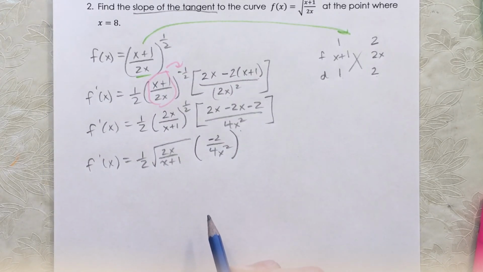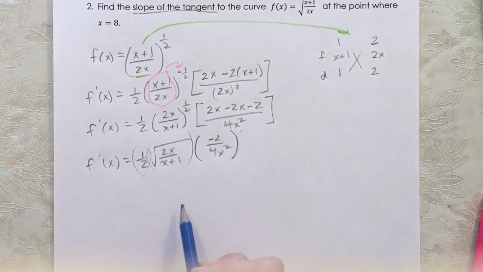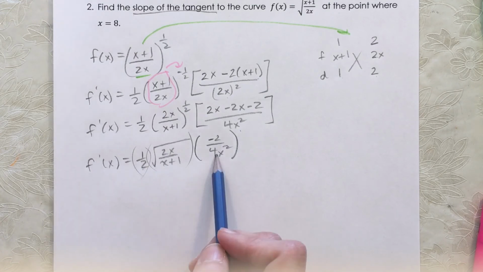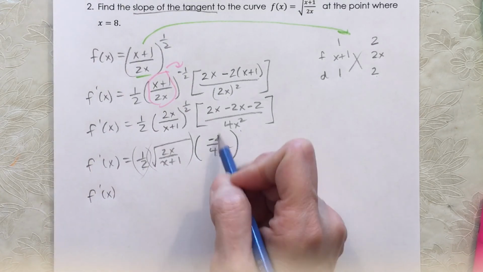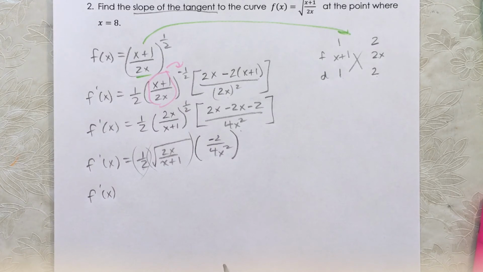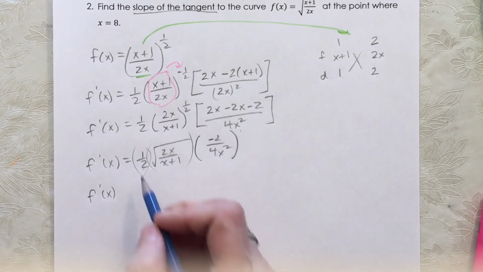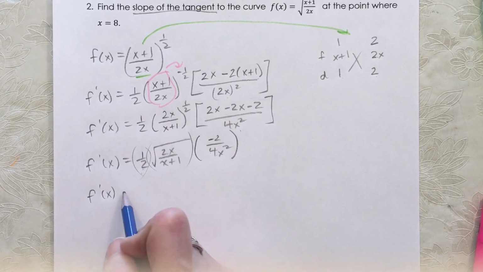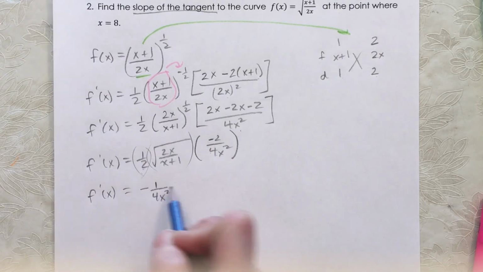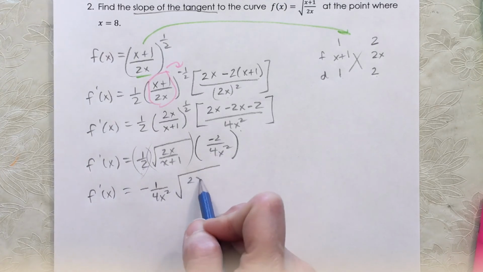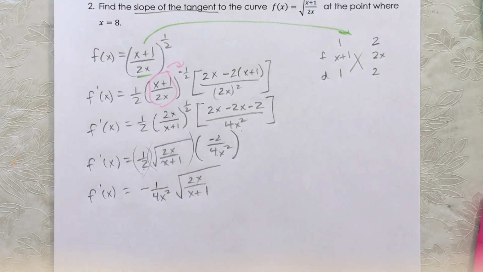And so this is like three things all multiplying together. So it doesn't matter what order you multiply them in. So a half times negative a half, if you want to think about negative 2 over 4 reducing to negative a half, times negative a half is negative a quarter, but I still have that x squared in the bottom, times the square root of 2x over x plus 1.